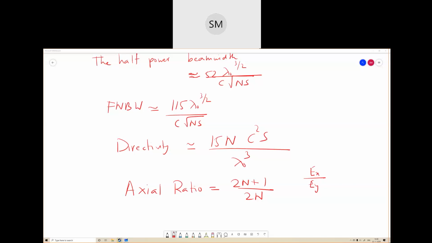Exactly, very good. All of you agree? If the number of turns is much more than 1, then we can achieve circular polarization. Actually, even n equal to 3 or 4, we can take it that it is circular, very close to 1.